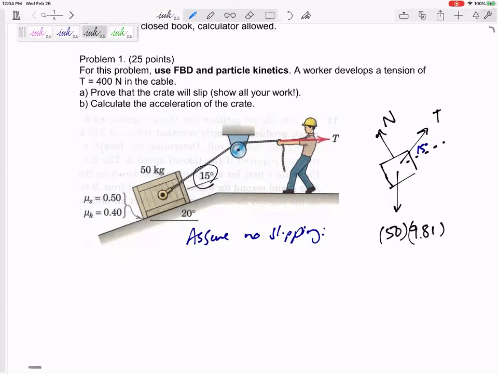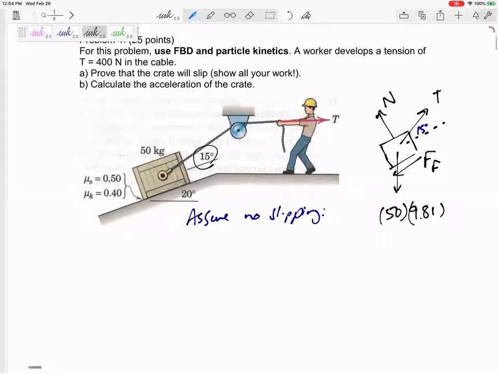The force of friction opposes the impending motion. I think it's going to go up this incline. So my force of friction will be down the incline. Occasionally, you may not know what direction. In this case, maybe that block is so heavy that it's going to go down. My force of friction would come out negative if I draw it the wrong direction.